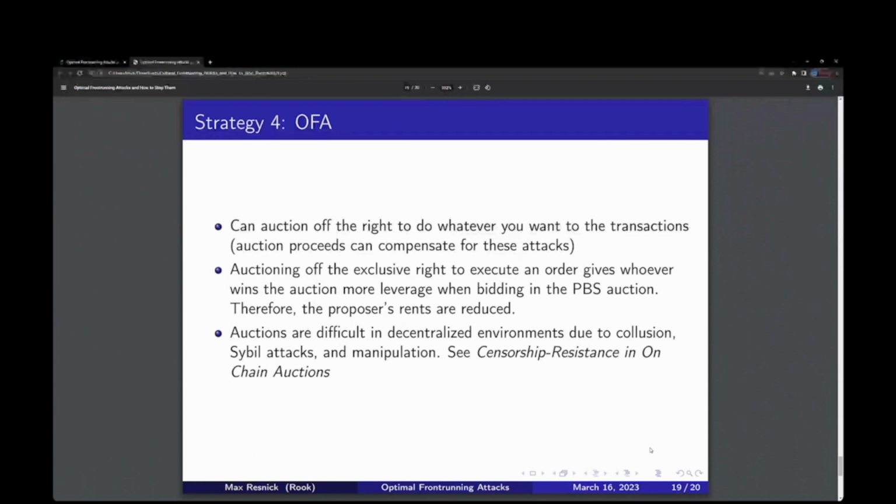Okay, that's a little bit unintuitive, but if I give my valuable order to everybody, and then they all have to go bribe the proposer to include it, the proposer is the one who ends up winning because the proposer has this one-to-many market, right? He's the only one who can include the transaction, but there's 10 of you with valuable transactions that you want to include, and only one of you can include it.